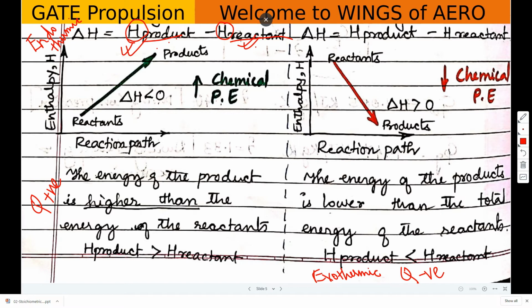Now in case of endothermic reactions, what happens? The heat of reaction is always positive. If you draw the graph between the reaction path and the enthalpy, it will be gradually increasing, positive, directly proportional.